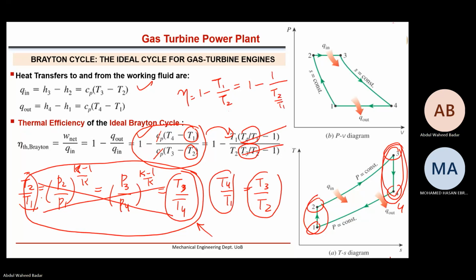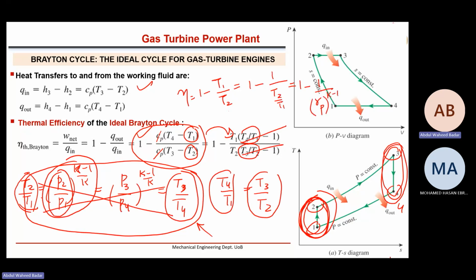And T2 over T1, I can replace with P2 over P1 to the power K minus 1 over K. So efficiency is 1 minus 1 over P2 over P1, which is called pressure ratio, the pressure which was increased in the compressor. P2 over P1 represents pressure across the compressor, and that is represented by RP in this book, pressure ratio, to the power K minus 1 over K.